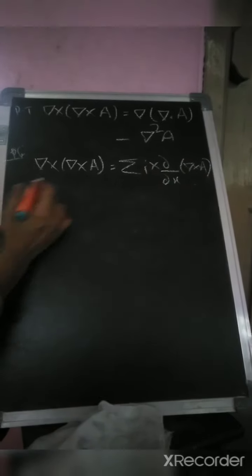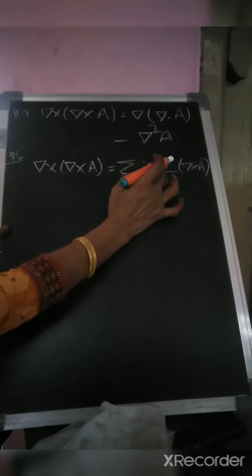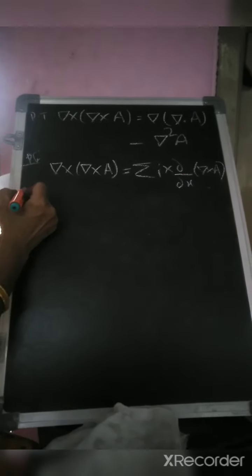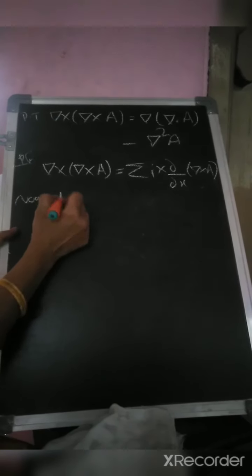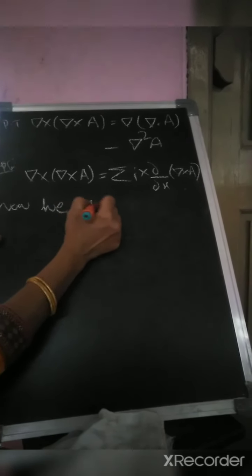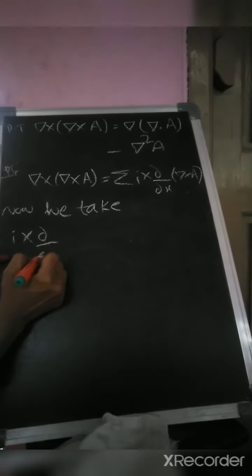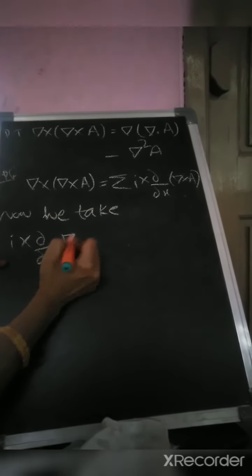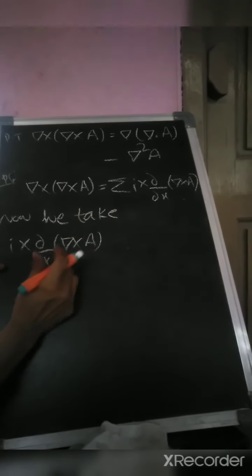This is del cross A, similarly like this. So first we take i cross dou by dou x of del cross A. Here del cross A means again curl A.